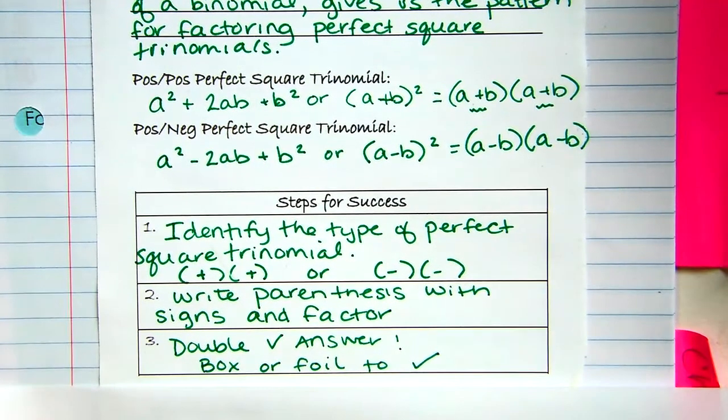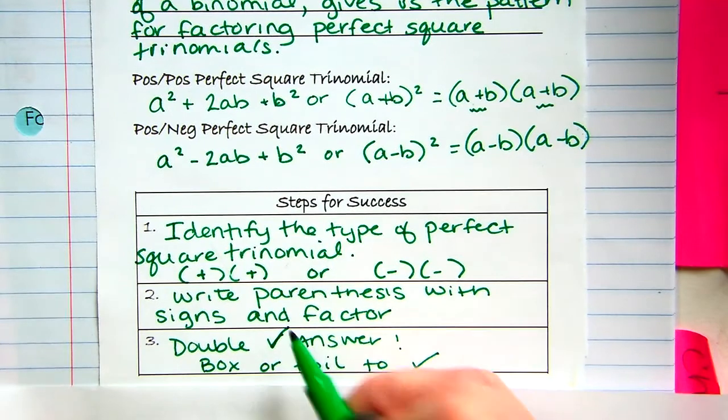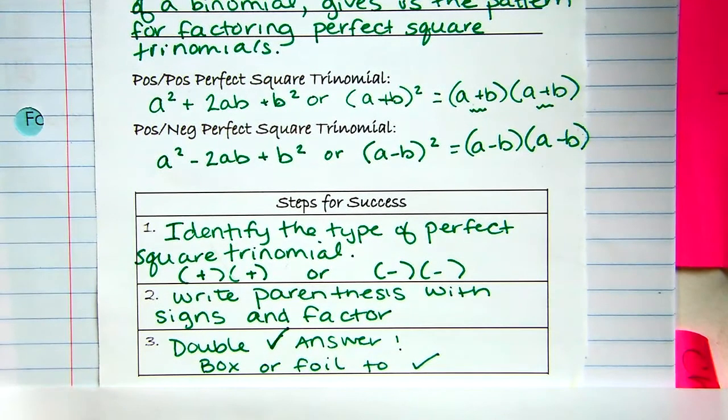So once again, our very last step is that we're going to double check our answer, and we're going to box it or we're going to FOIL it in order to check.